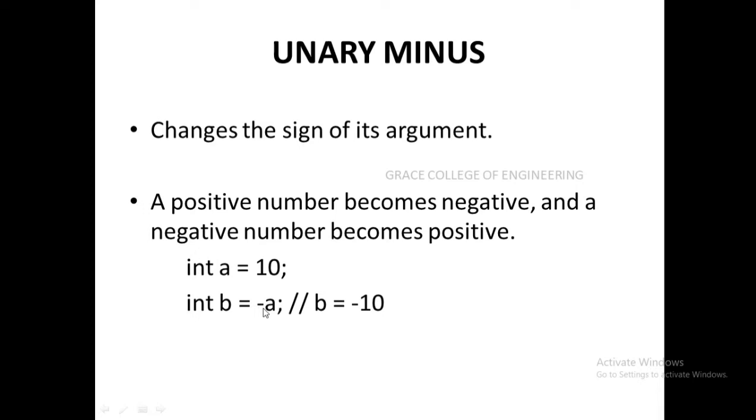This minus represents unary minus since it operates on only one operand a. So, already the value of a is assigned to 10. So, minus of 10 is assigned to b, then b is equal to minus 10. So this unary minus is going to change the sign of the variable.